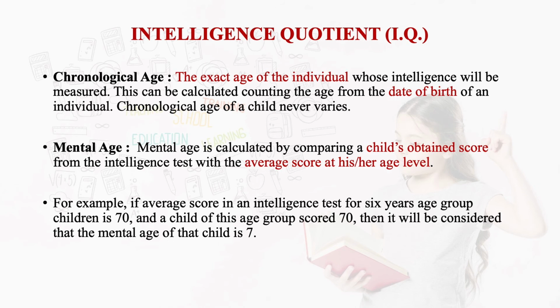Let the average score in an achievement test be 70 for a 14 age group student. If a particular student achieves 70 in that test, then you can say that his or her mental age is 70. But many a time you will find that a 14 age group student is not able to score 70, or a 15 age group student is also not able to score 70. So that's why mental age may vary.